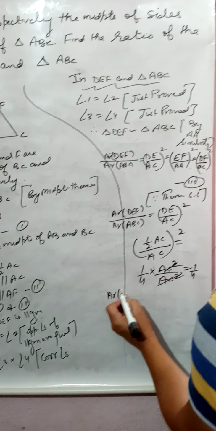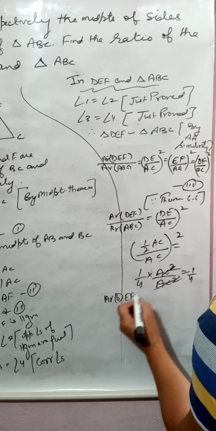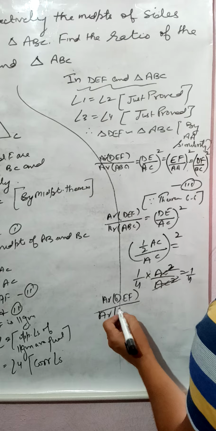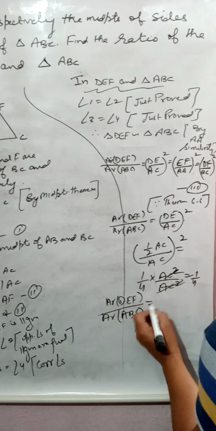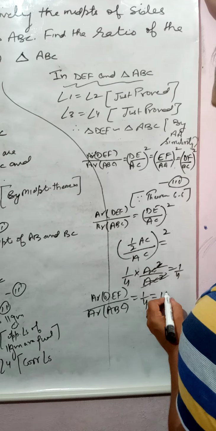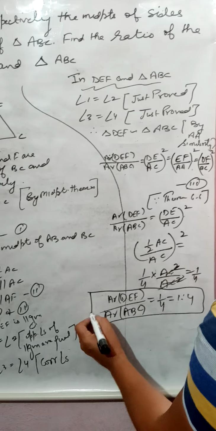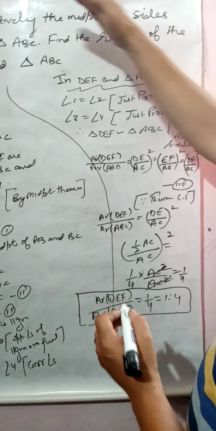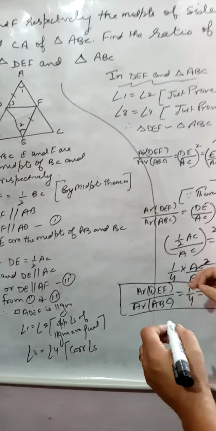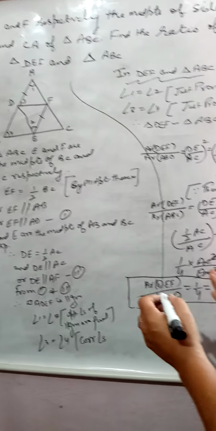So the ratio of the area of triangle DEF to triangle ABC is 1:4. So this is the proof. It's very easy. Just do it step by step. Thank you.